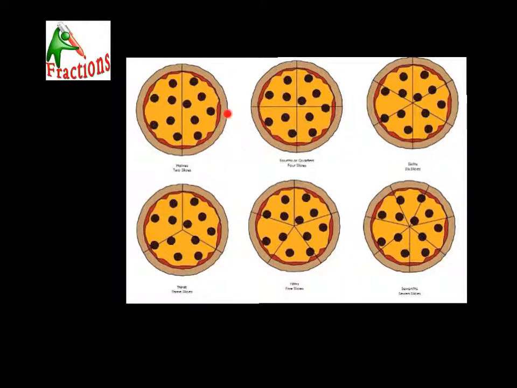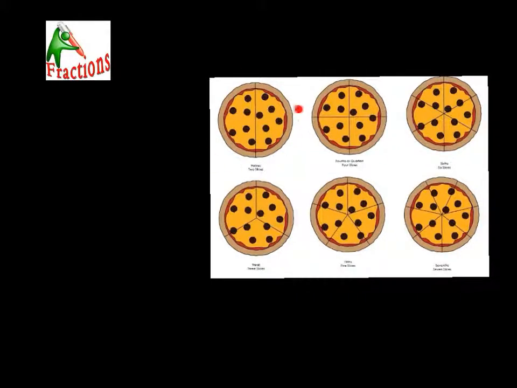This pizza is cut in 2 pieces. This is cut in 4. This pizza is cut in 6. This one is cut in 3 pieces. This one in 5. And this one in 7ths. But they're all the same pizza. The more you cut up the pizza, the smaller the pieces.